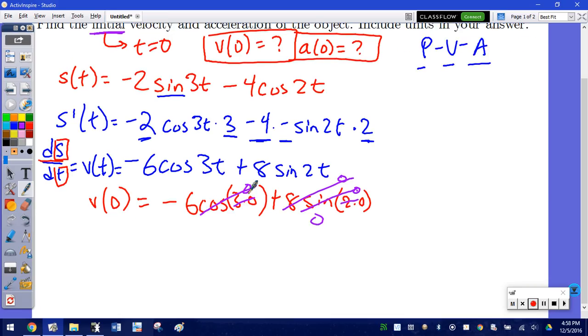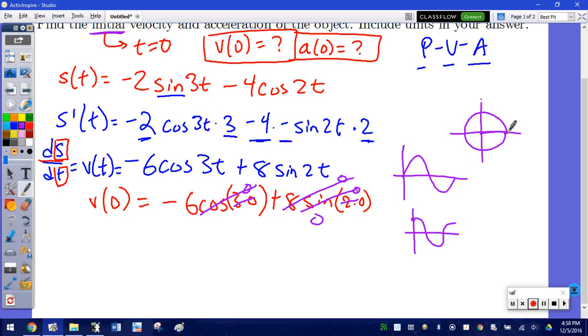Cosine of 0, if you think about your cosine wave, remember a sine wave looks like this, and a cosine wave looks like that. Or you could think of your unit circle and 0 radians being the point 1 comma 0, either way. In any case, cosine of 0 is 1, and negative 6 times 1 is negative 6.